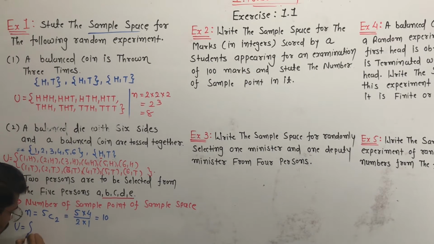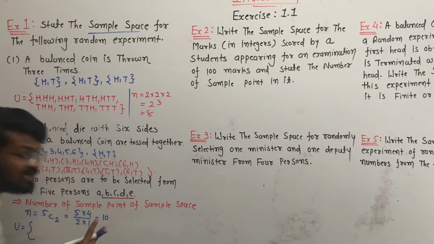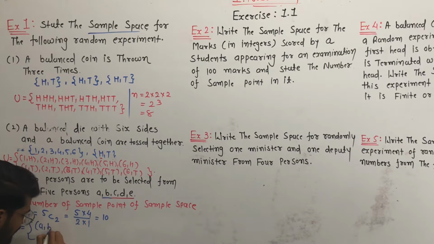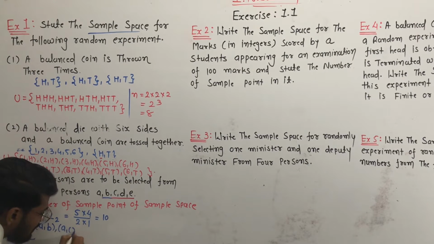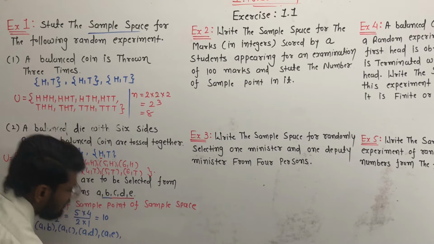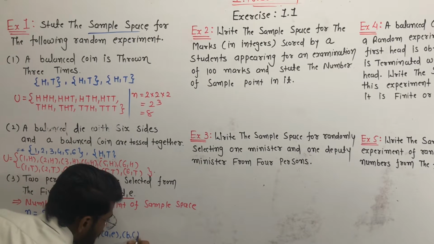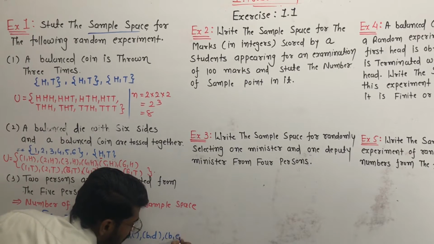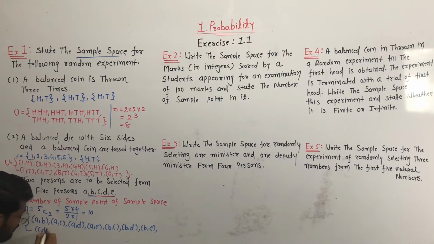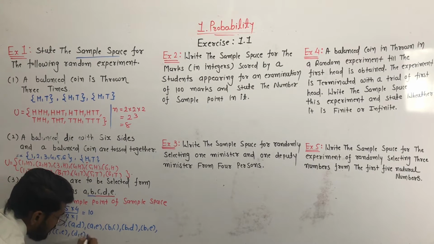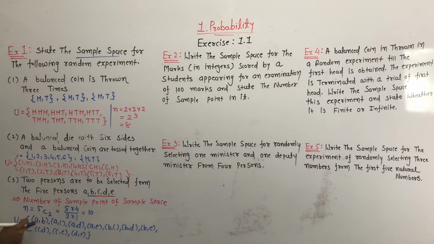U is equal to: we have to select 2 persons out of these 5. Suppose the 2 are A and B, then A and C, A and D, A and E. Then B and C, B and D, B and E. Then C and D, C and E, and the last one is D and E. Here we can count the sample points: 1, 2, 3, 4, 5, 6, 7, 8, 9 and 10.